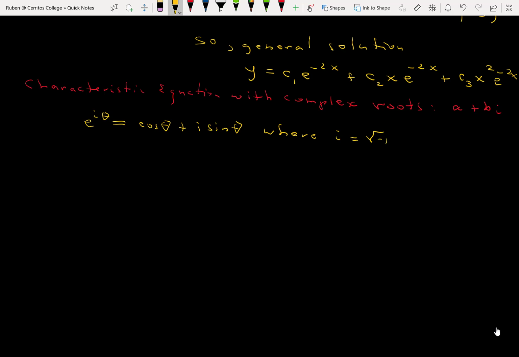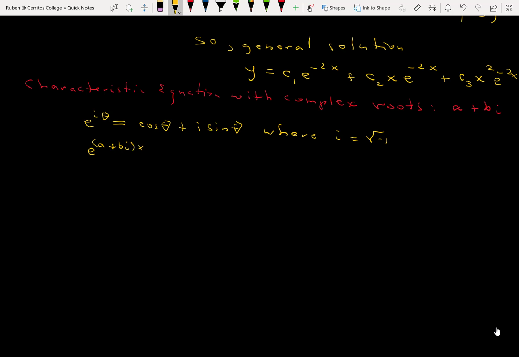Okay, so given Euler's formula, e to the i theta equals cosine theta plus i sine theta, suppose we have something like e to the complex number, e to the a plus bi. Let's even make this a little more suggestive here.